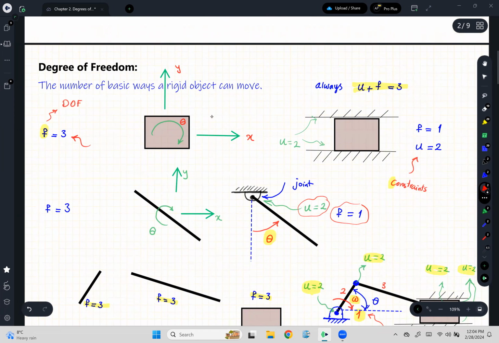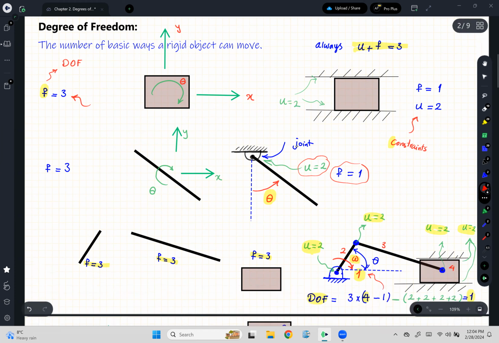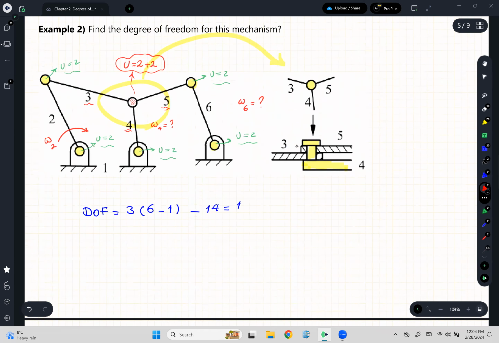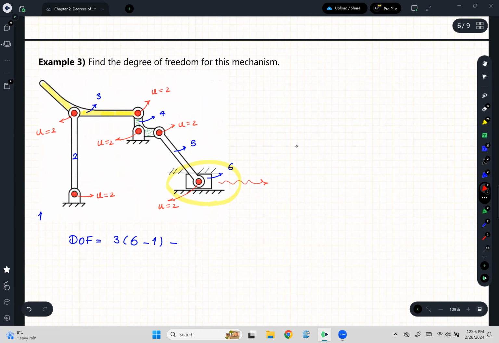Oh, it's here. Whenever we see this scenario, it means U is equal to 2, okay? And it's coming from these walls.